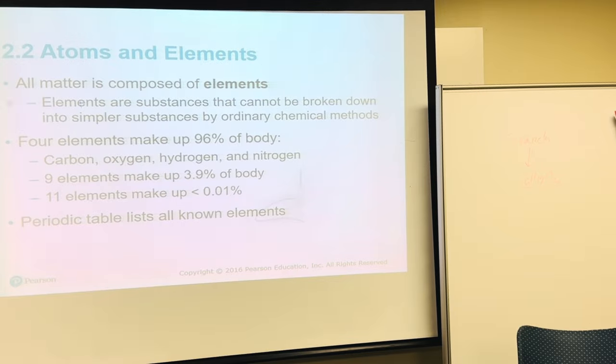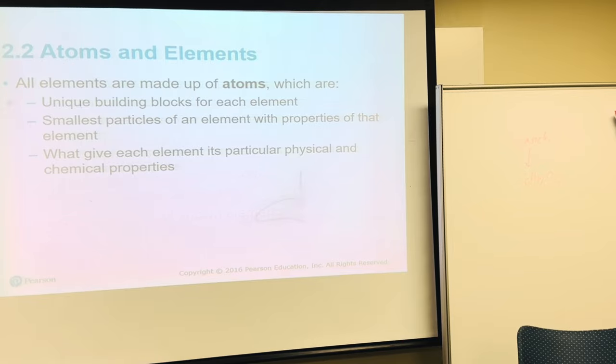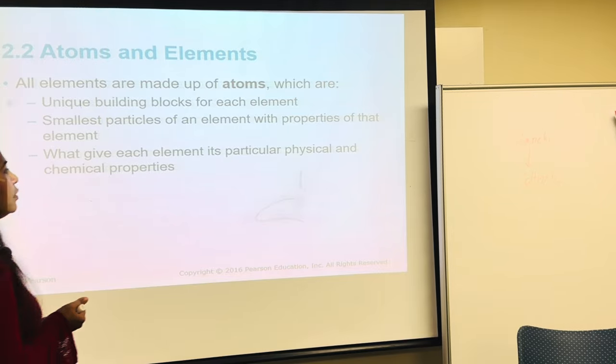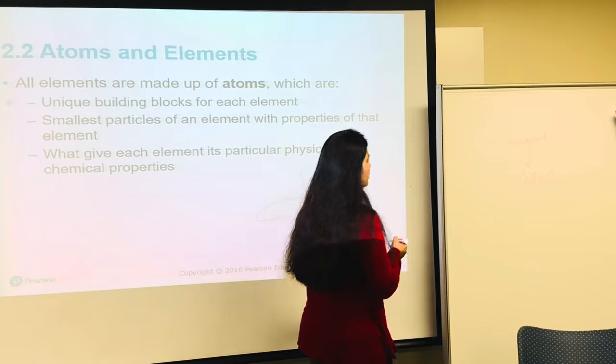Okay. So now when we say elements, we also have to talk about atoms. When we say atoms, what do we mean by that? What is the definition of atom? So we know that you can break down what? Element.